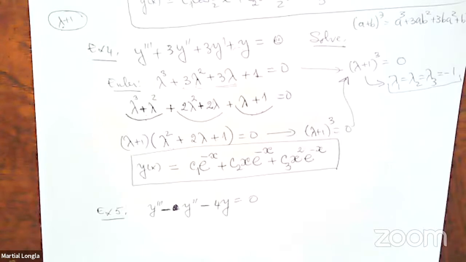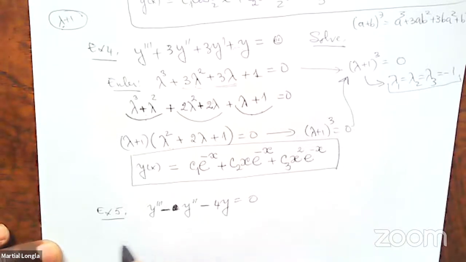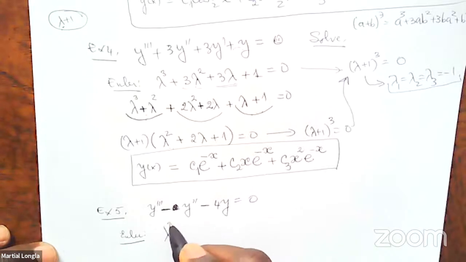This might be a little bit of a guess, but could you let that factor out to be lambda minus 2 cubed? Now, first of all, let us write down the Euler equation. What is it? Lambda cubed minus 2 lambda squared. Oh, there's no 2 here.